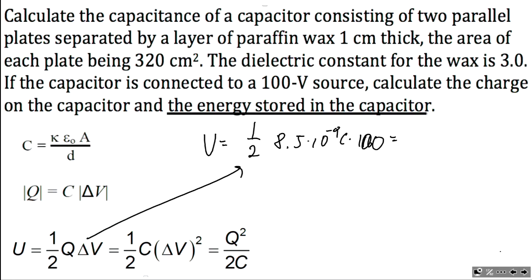So what does it give us? 4.25 times 10 to the minus 7 joules.